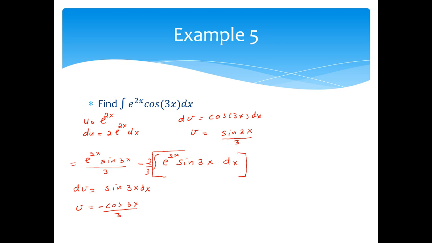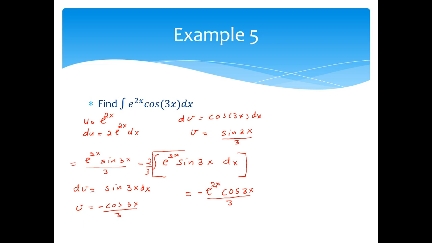So when we apply that integral by itself, we get v times u equals negative e to the 2x times cosine 3x over 3, and then we have a minus here, right?